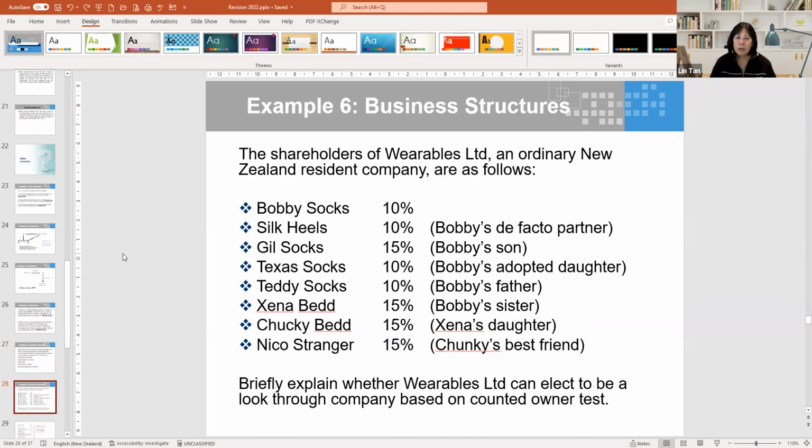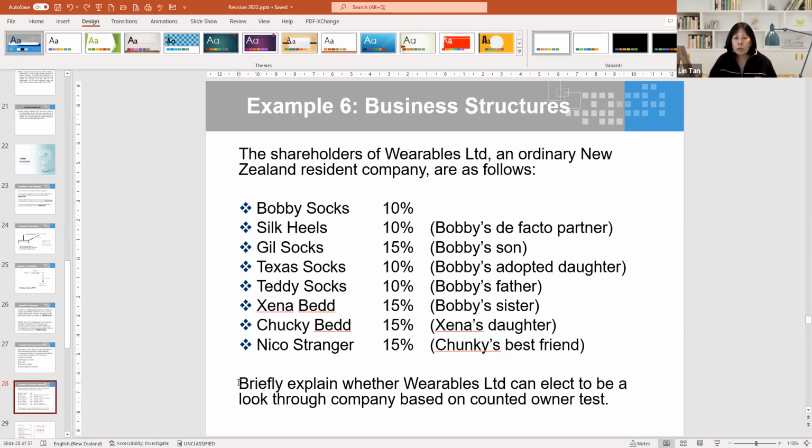This is another example of a question which can be set on the business structure. And this is also about look-through company. You're given some information about different owners of this company. And it asks you whether the company can elect to be an LTC or not, just based on the counted owner test.